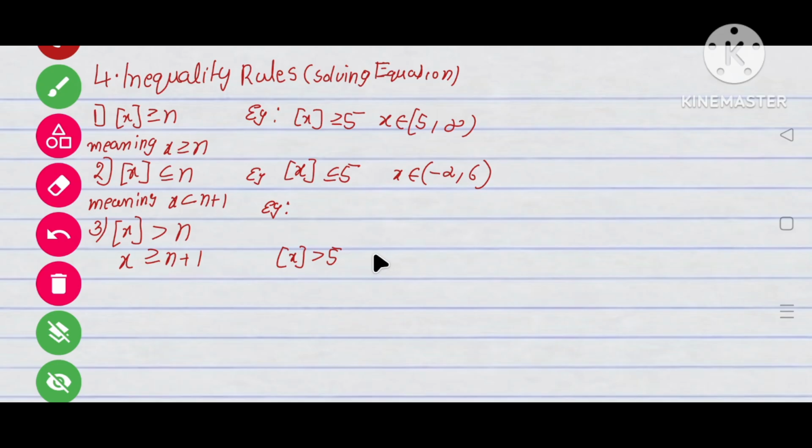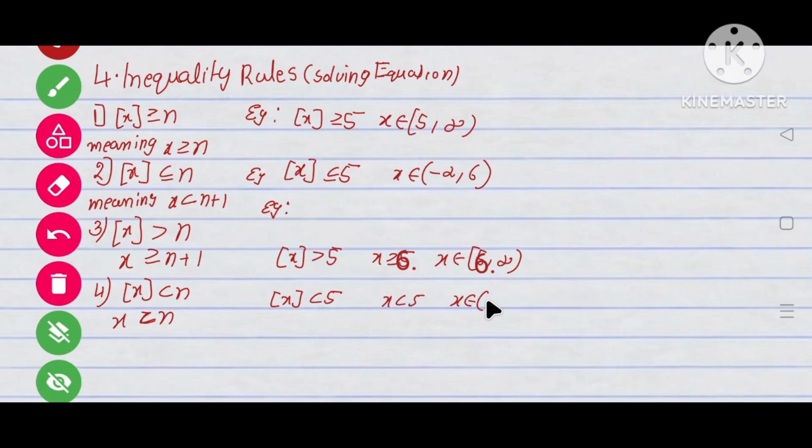For example, step of x is greater than 5, so x is greater than or equal to 6. So x belongs to 6 to infinity. Step x less than n means x less than n. So step x is less than 5 means x belongs to minus infinity to 5.